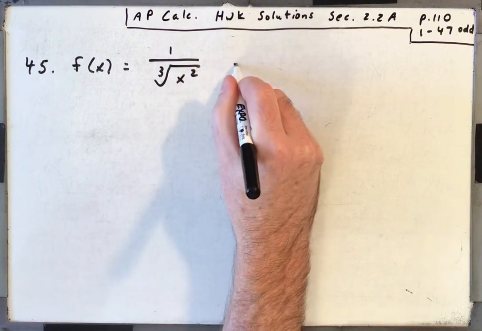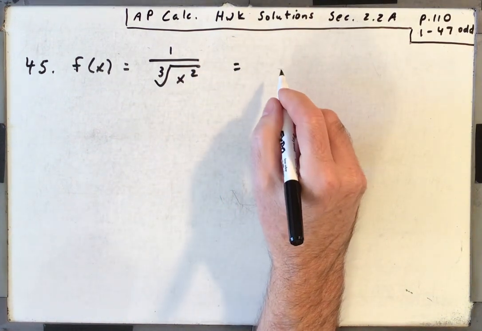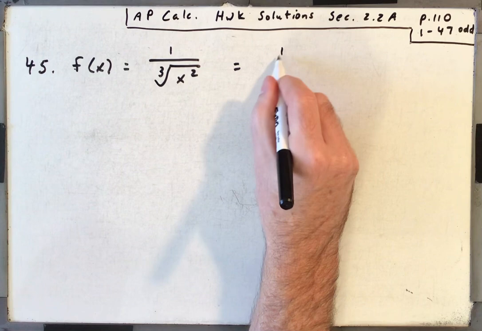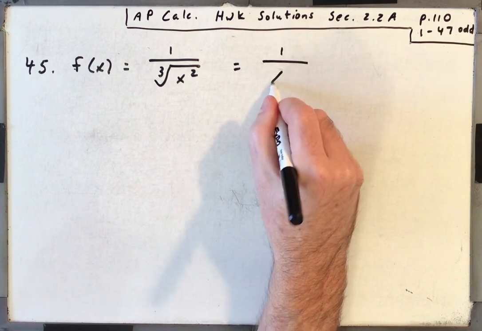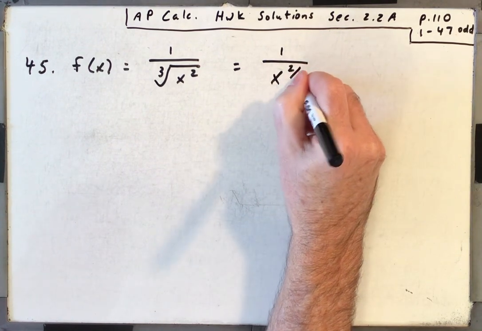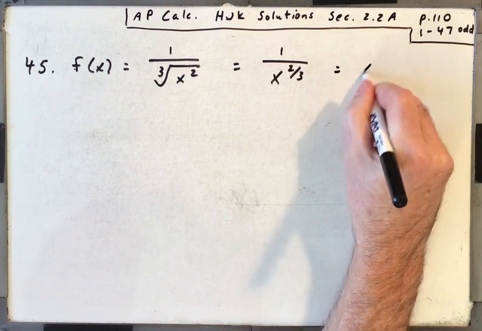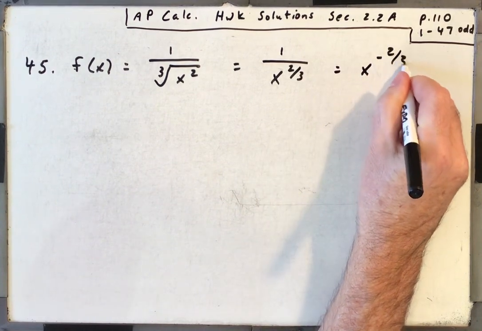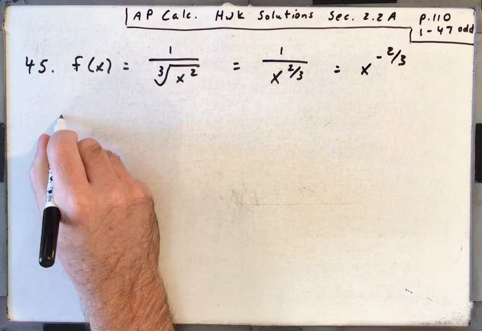Now we want to rewrite that as 1 over x to the 2/3, which is going to be x to the minus 2/3. So we rewrote it so we can use the power rule.